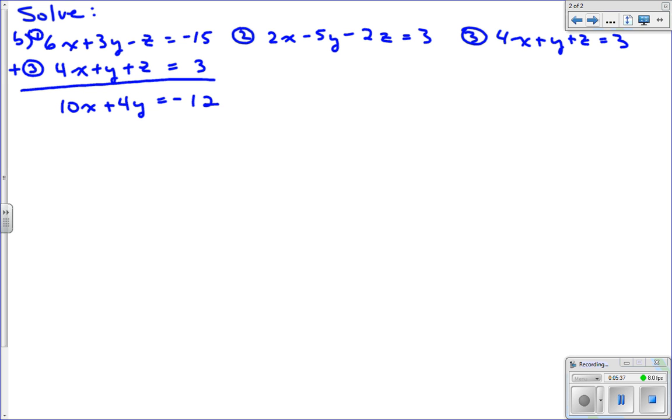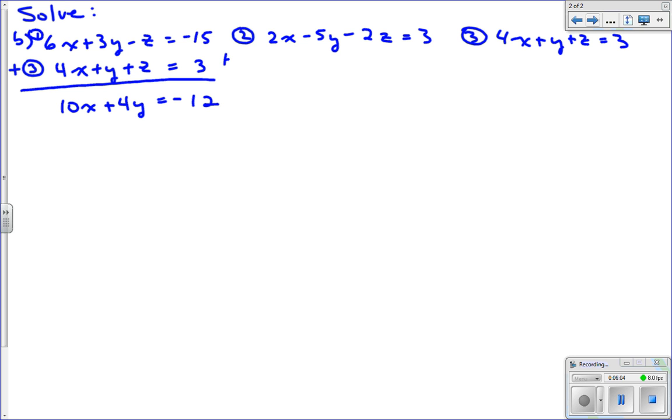So now I have an equation with only two variables in it. Since I eliminated z from this pair, I also need to eliminate z using a different pair. Now, I have to use equation 2 because it hasn't been used yet, and I could use either 1 or 3 with it. I'll use 3 again, but I'll multiply equation 3 by 2 so that the z eliminates again.